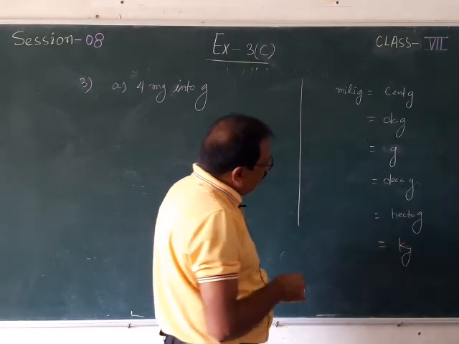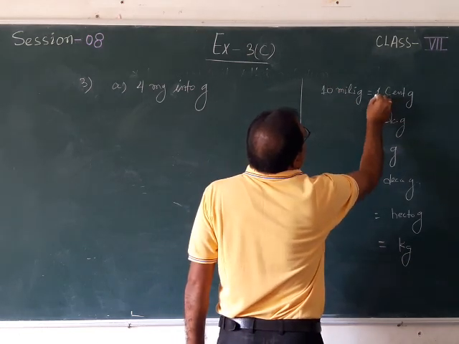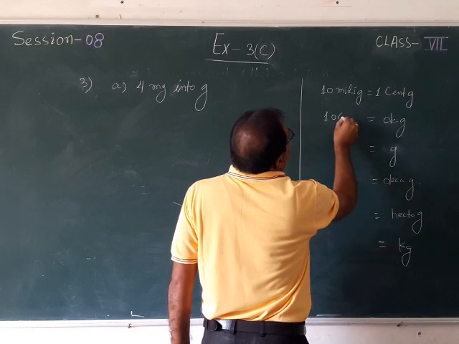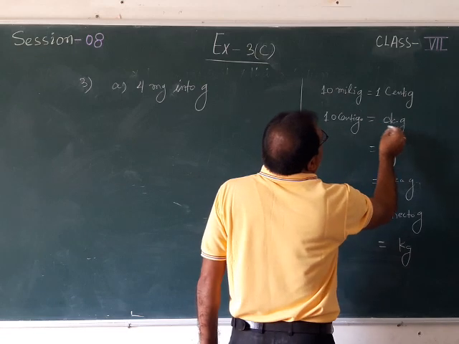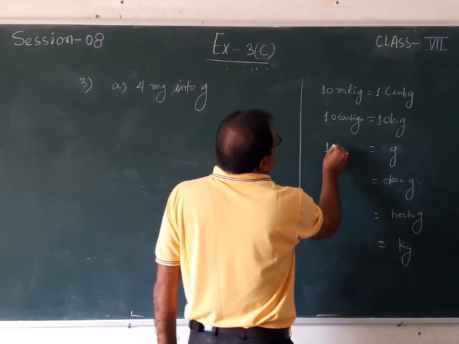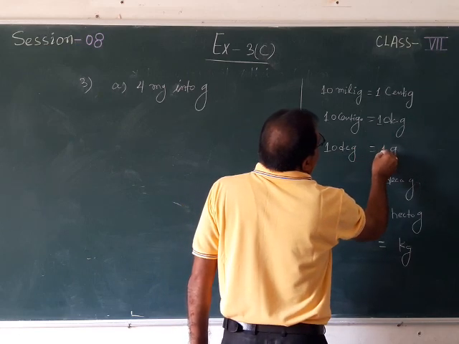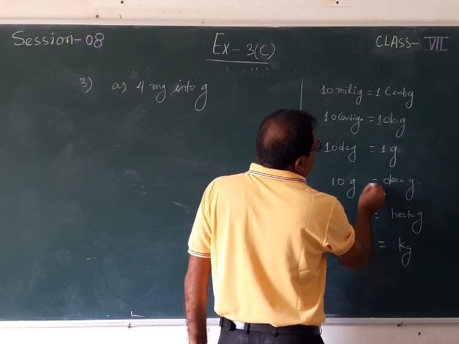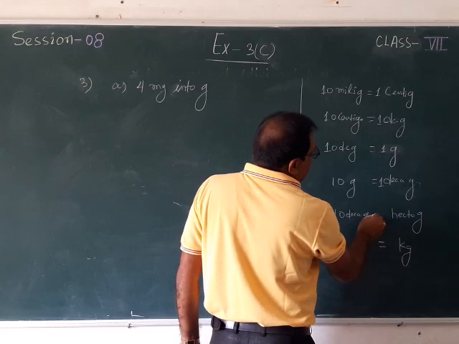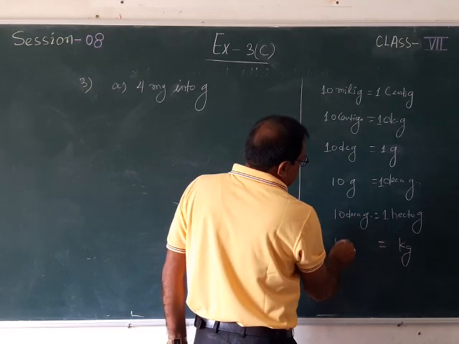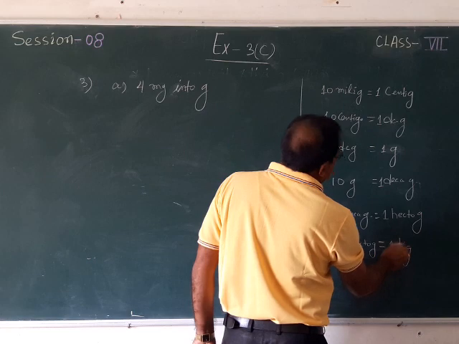So you have to learn the relation, how I am framing it, just take care. 10 milligram equal to 1 centigram, 10 centigram equal to 1 decigram, 10 decigram equal to 1 gram, 10 gram equal to 1 decagram, 10 decagram equal to 1 hectogram, and 10 hectogram equal to 1 kilogram.